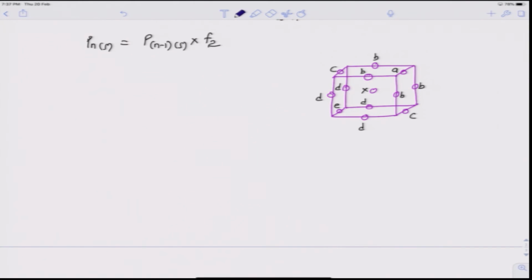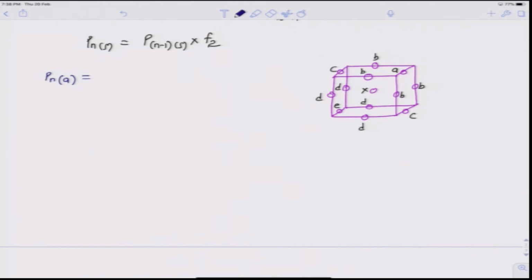So, we need to consider only those jumps of the vacancy which are onto the nearest neighbor of X. So, if we want to evaluate P(n) of A, that is the probability that the vacancy after making n jumps will arrive at site A, then it is the probability that the vacancy will, after n minus 1 jumps, arrive at any one of the common nearest neighbor sites of X, and here the common nearest neighbors of A and X are 4 B type of sites.